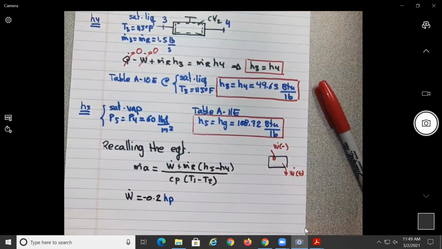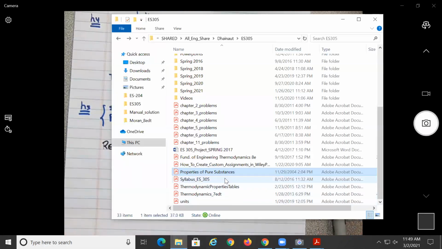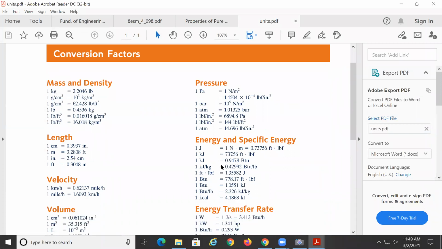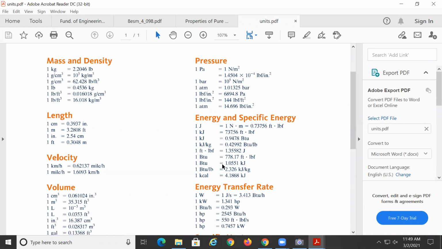What is the unit transformation from horsepower to BTUs? I also tell you that you should bring this page with the conversion factors to every single class. So 1 horsepower is 2,545.